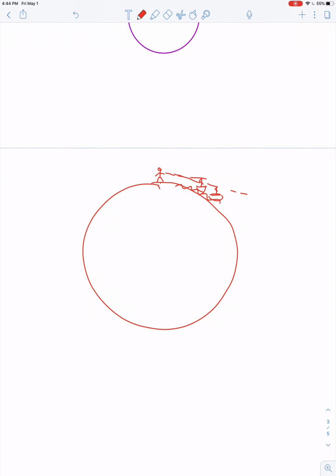That's because the Earth curves away underneath, and for every 7,900 meters horizontally, the Earth drops down a distance of 4.9 meters. 7,900 meters, that's 7.9 kilometers, and 7.9 kilometers is about the same thing as 5 miles.